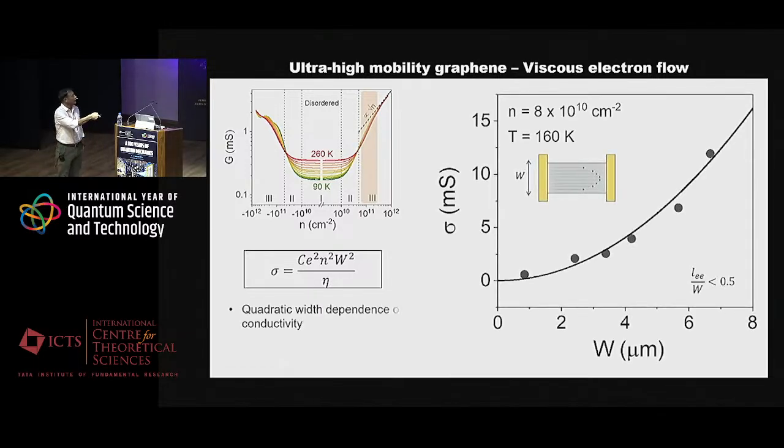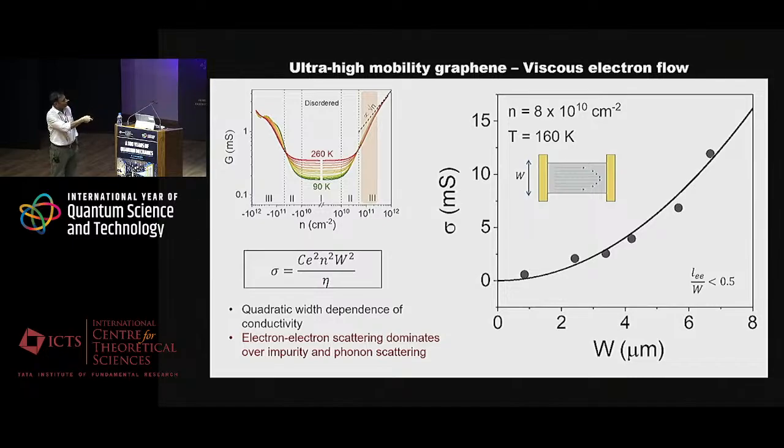What we do is we look at the conductance of several samples from 1 micrometer width to about 6 or 7 micrometer width, and we see that in this regime, which is the Fermi liquid regime, the conductivity is proportional to the square of the width, showing that this is again the possibility of a viscous hydrodynamic flow of charge.